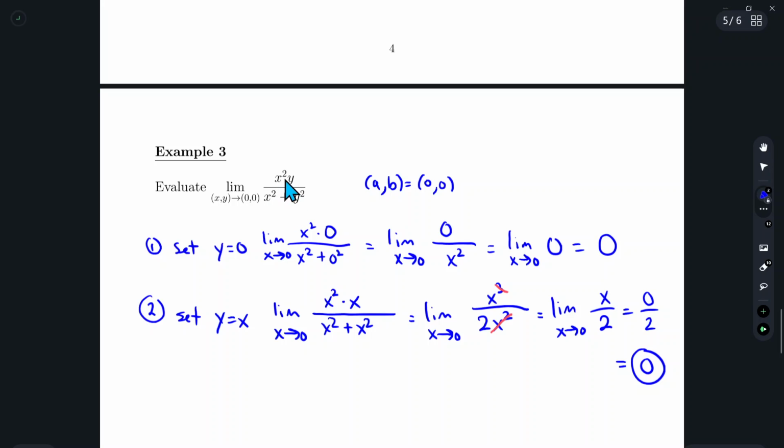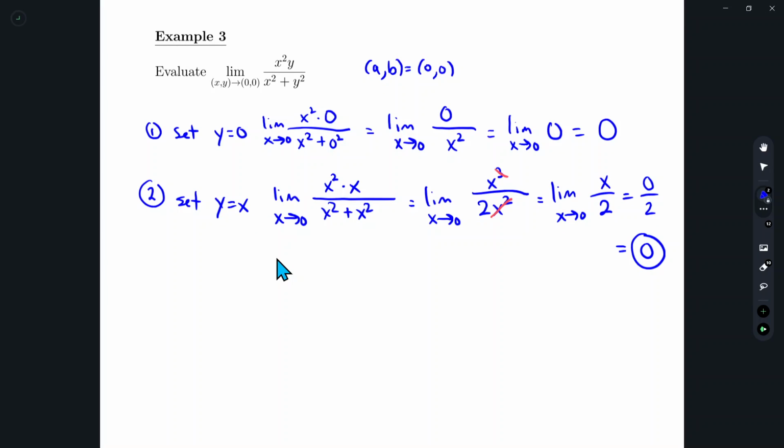And because the numerator is getting smaller at a faster rate, it's going to overall dominate the calculation of the limit. And so we expect that the limit is going to be equal to 0.